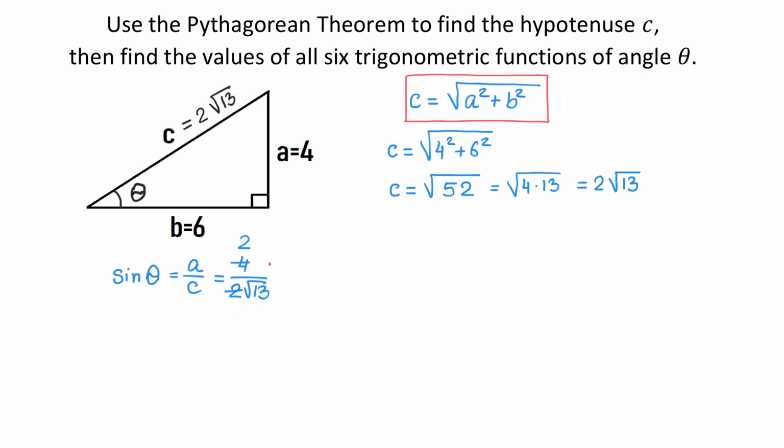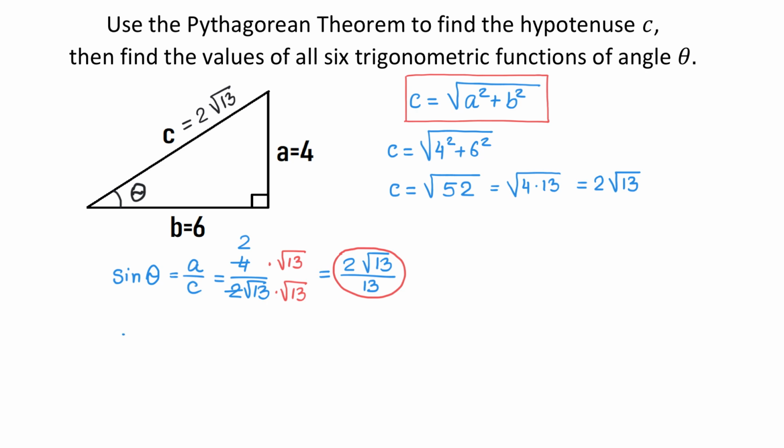For this, we will multiply the numerator and the denominator by square root of 13. Then in the numerator we will have 2 square root of 13, and in the denominator square root of 13 times another square root of 13 will be 13. So this is the value of sine of theta in this triangle.